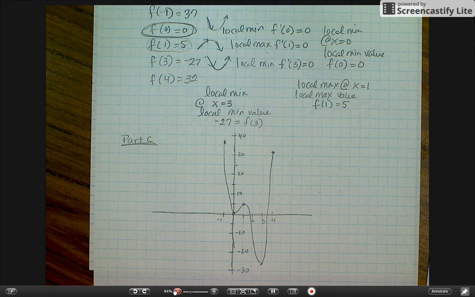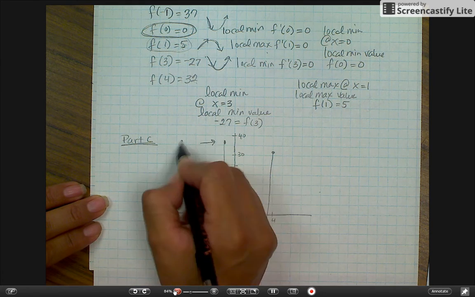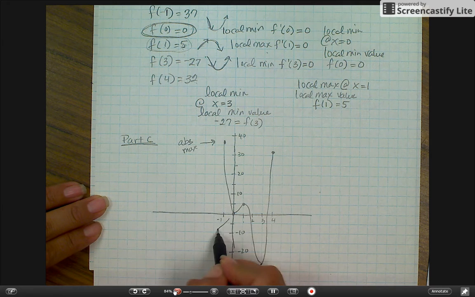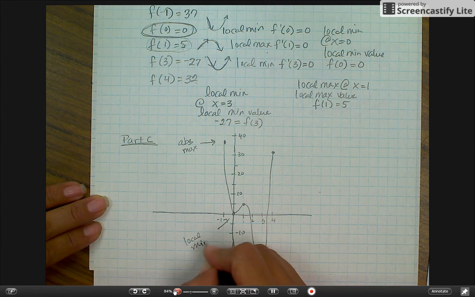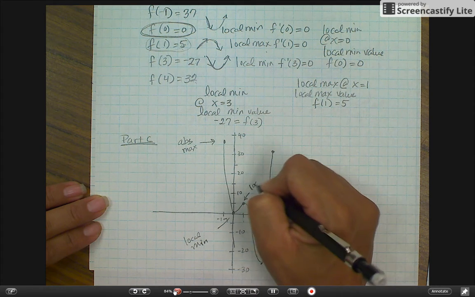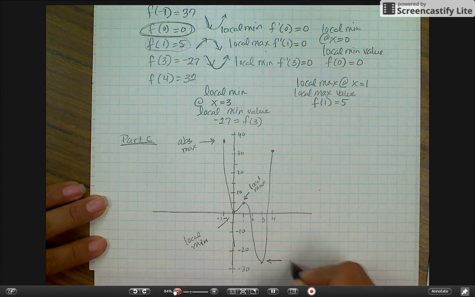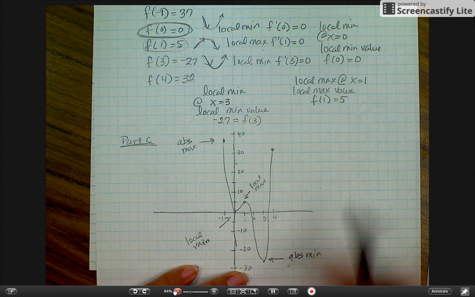There are no arrows. All right, so by looking at the graph, we can see that the absolute max occurs here, that this right here is a local minimum. This here is a local max. This here is an absolute minimum and a local minimum.